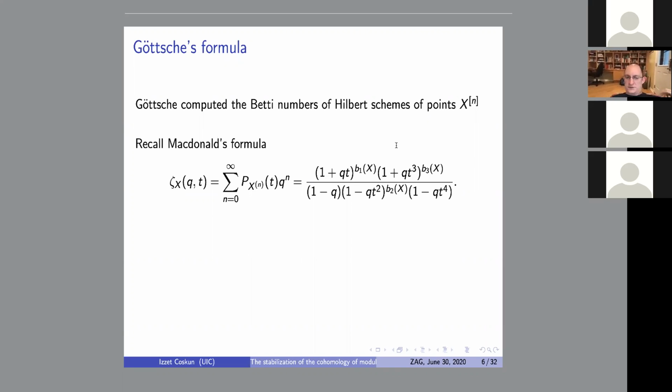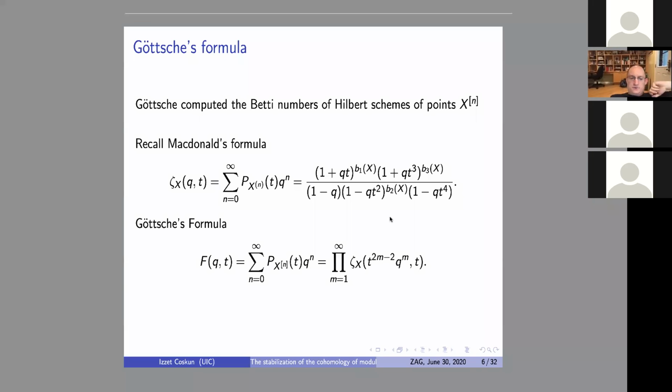And this is called the zeta function of X. This is Macdonald's formula, and from this you can discover the Betti numbers of the n-th symmetric product. Say you want to find the 15th Betti number of the 20th symmetric product, then you have to look at t^15 q^20 in this expression.